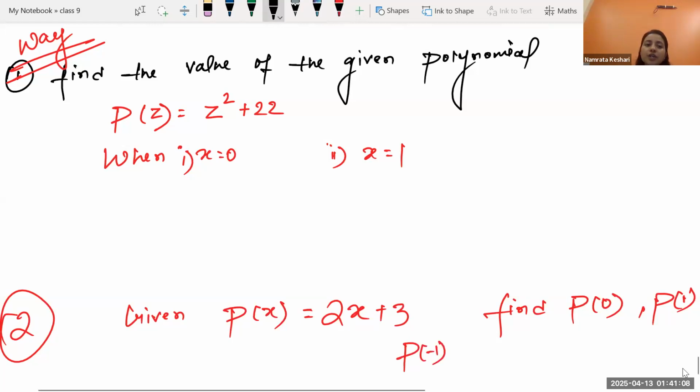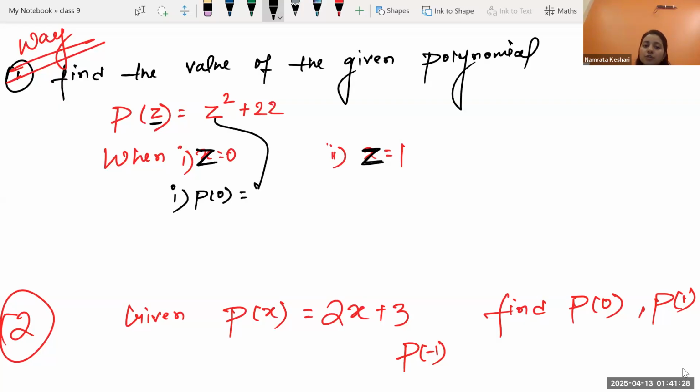For the previous one you will first be substituting. Sorry, here z has to be there. I have given the polynomial in z, so the z value must be given. So z is given as 0, so in the place of z you will put 0, and your answer will be 22.